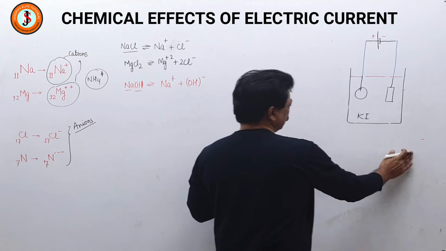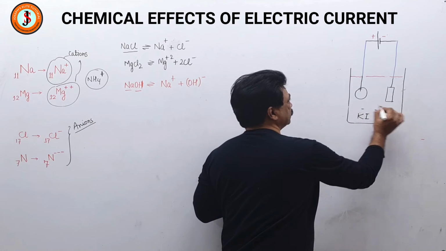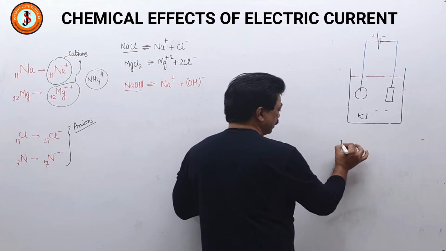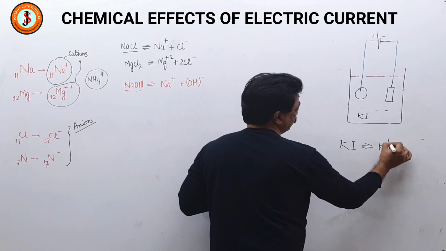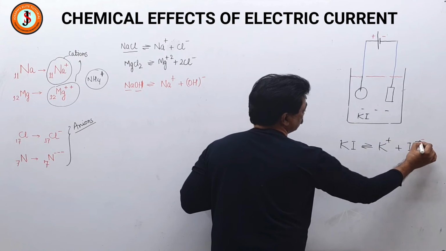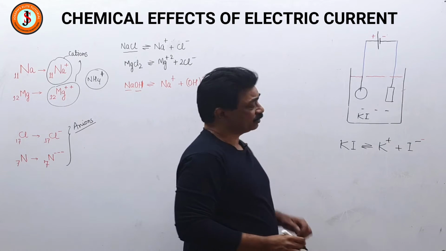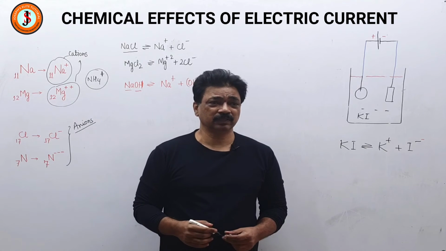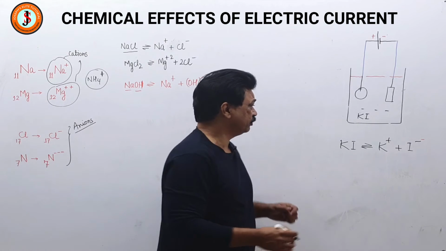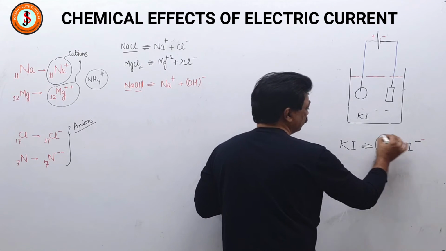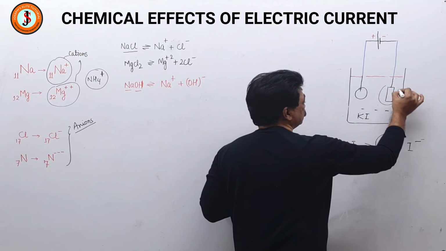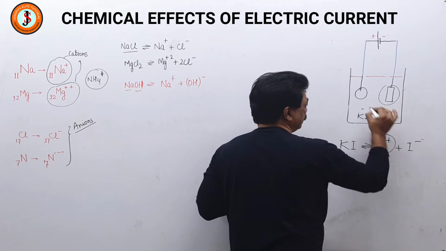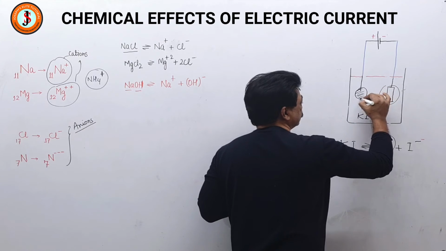What will happen? Potassium is a metal, so K plus and I minus. Potassium is a cation, a metal, so it will move to the negative electrode and get deposited there, while iodine will get deposited on the coin.